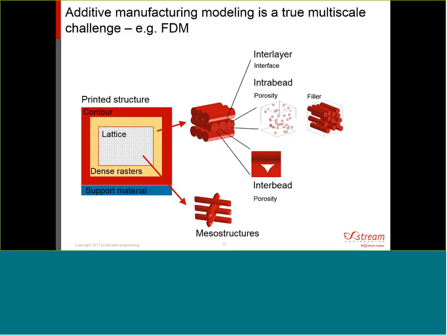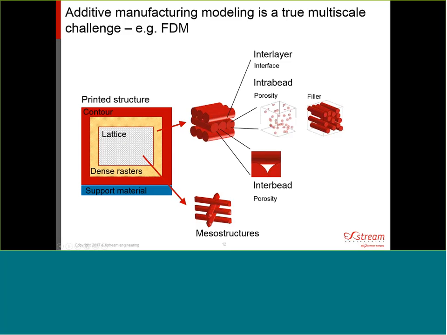Taking a very generic FFF or FDM structure, you might have inside your parts lattice structures, which define a given mesostructure. You can have a very low infill to gain weight. In some other regions with dense rasters, you will have a different way of depositing the beads.